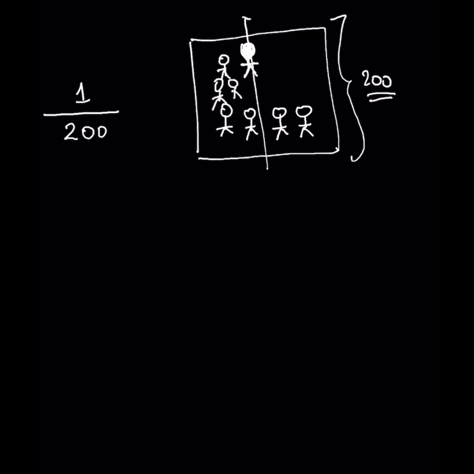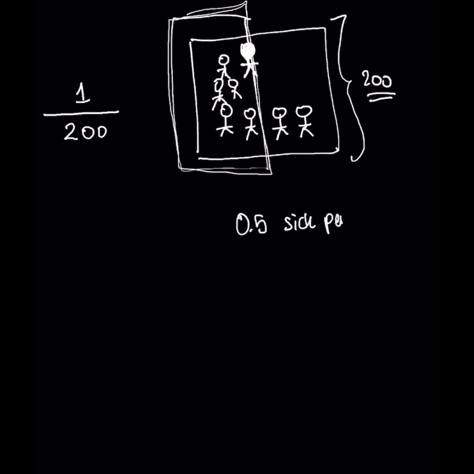Each group contains 100 people in total, and half of a sick person. So just to be clear, that means that we have half of a sick person, and we have 99.5 just healthy people.